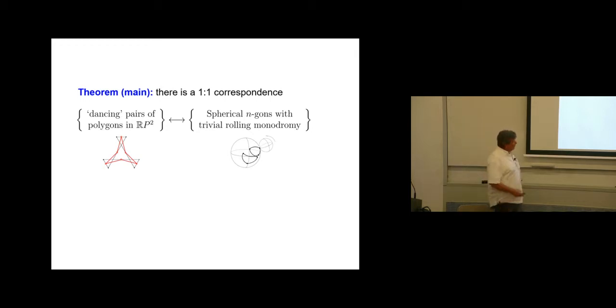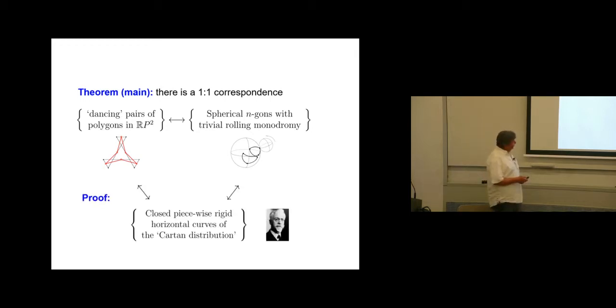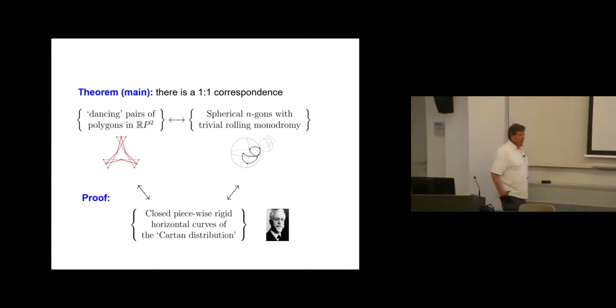I'll try to explain this too. And here's the proof. I have to give more details, but basically, as usually happens in mathematics, each one of these is equivalent to a third object, a much more abstract object, but a central object in mathematics for more than 100 years, introduced by Cartan.